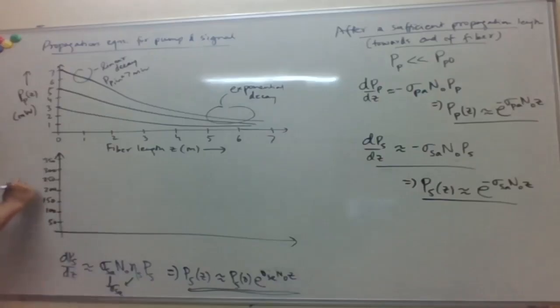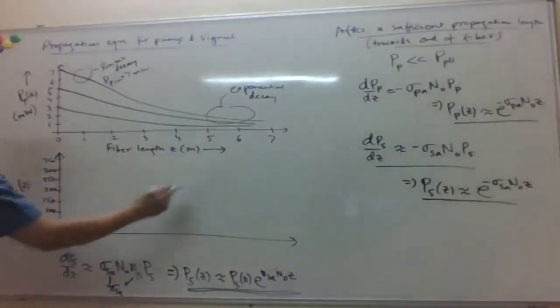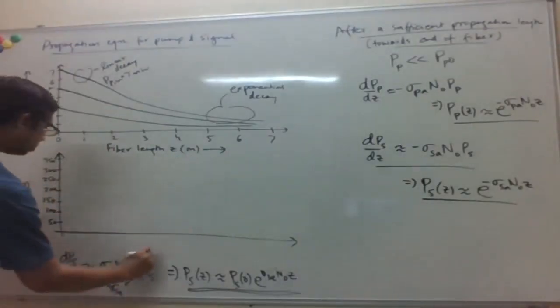Now we are plotting the signal power in microwatts. The signal power is much lower than the pump power. And same fiber here.